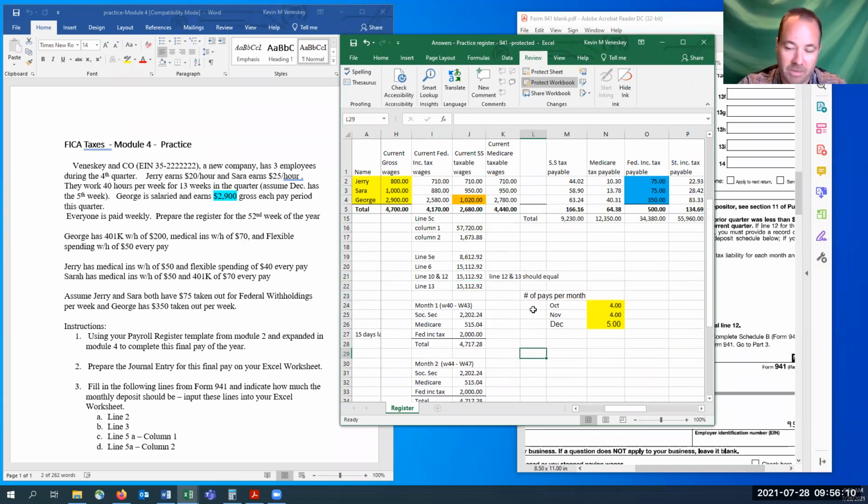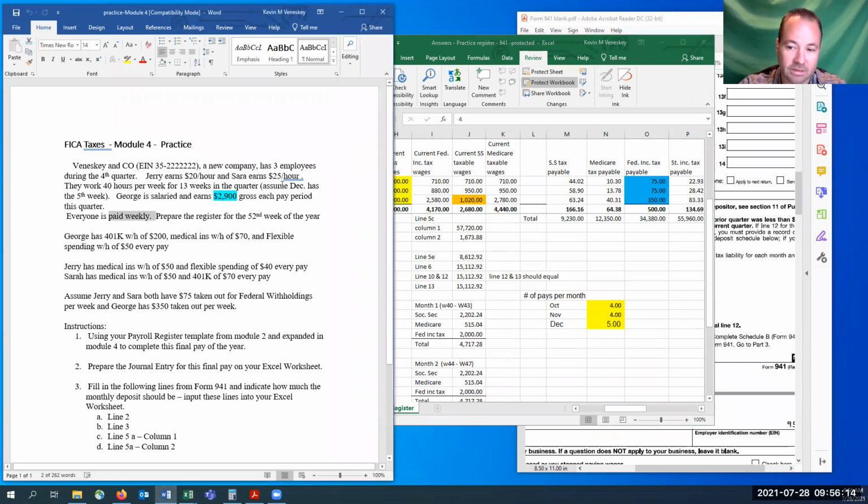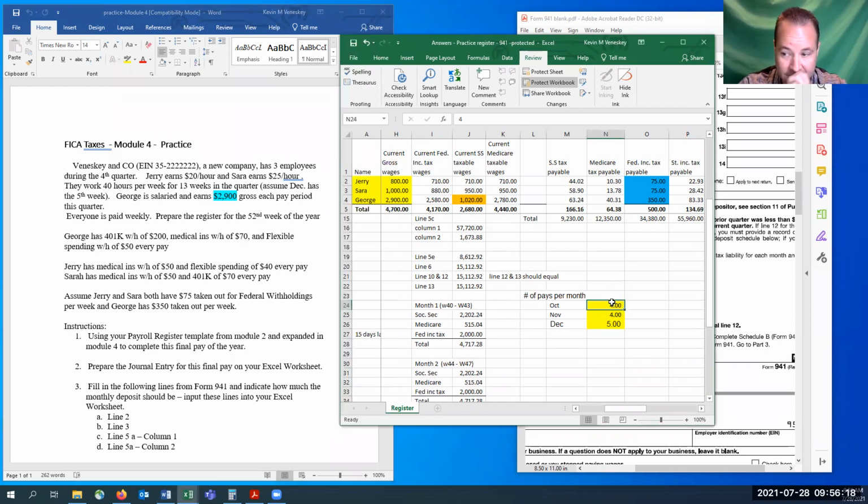All right, our number of pays per month. This one is the same as our prior one. I assume December had the 5th week. So 4, 4, and 5. For Social Security, this one is going to be just like your template, taking your Medicare wages times your Social Security rate for both employee-employer times 4 weeks.